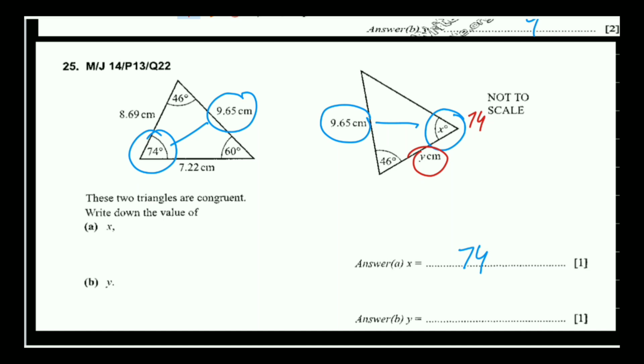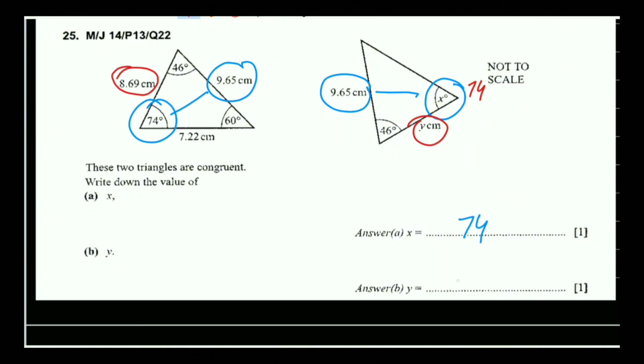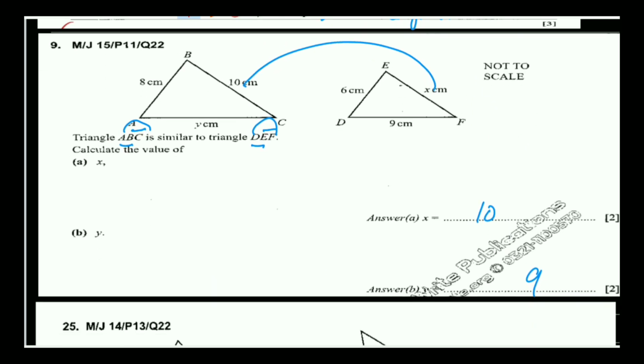So in the other triangle you have to check the side between 46 and 74, that is 8.69. So it means that this will be 8.69. So these are very easy questions. This is the way how you have to find the values of unknown sides or unknown angles of two congruent triangles. So I hope you have understood this topic.